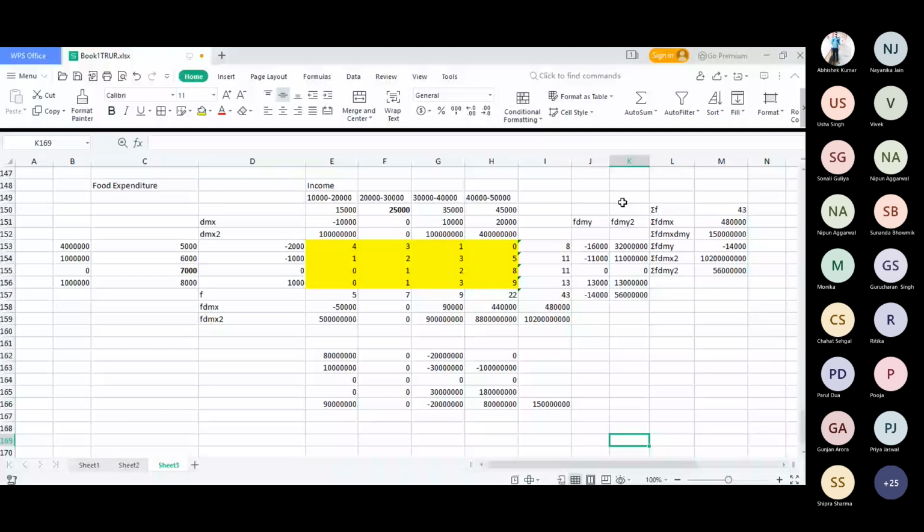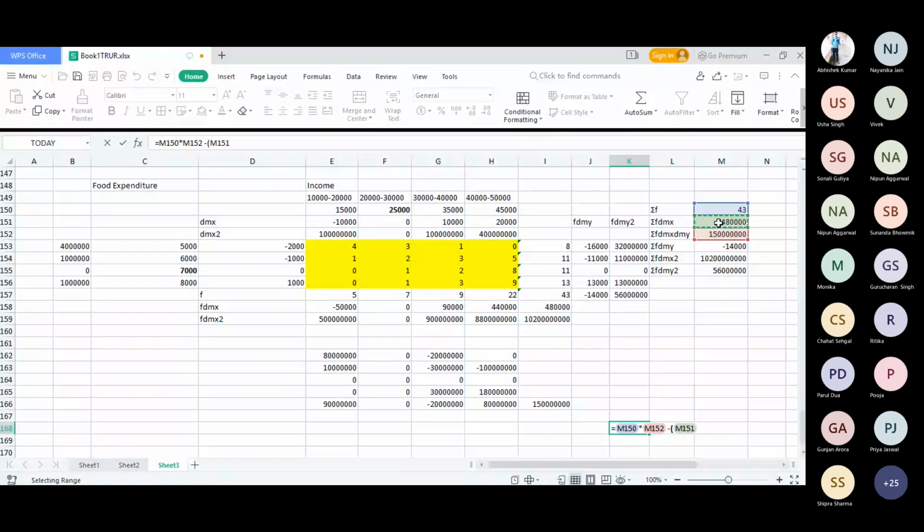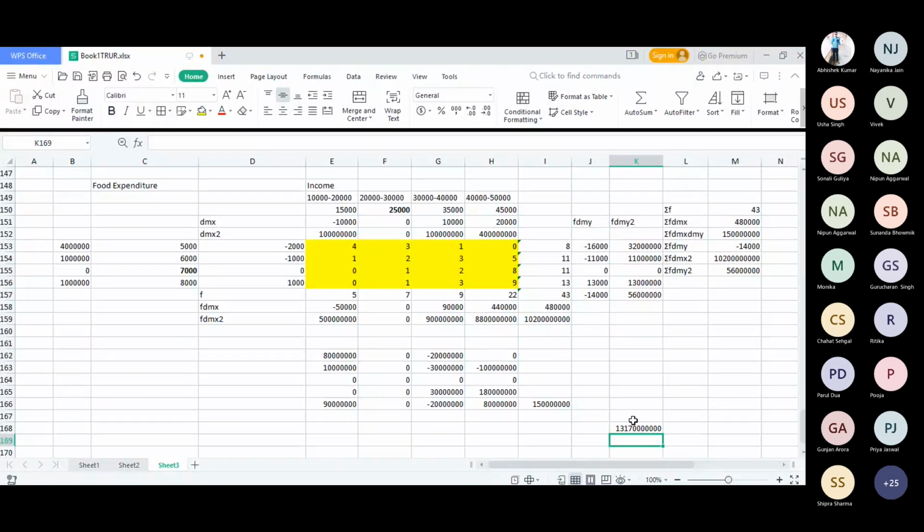For the numerator, it is summation of f into summation of f dmx dmy, minus summation of f dmx into summation of f dmy. So this becomes your numerator.